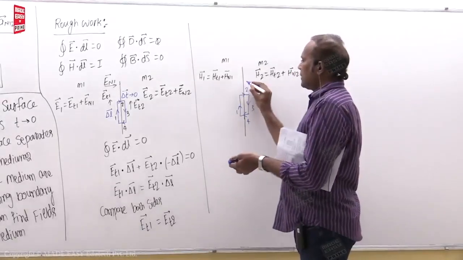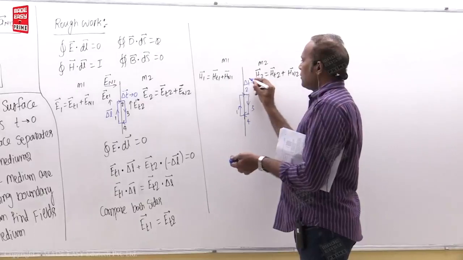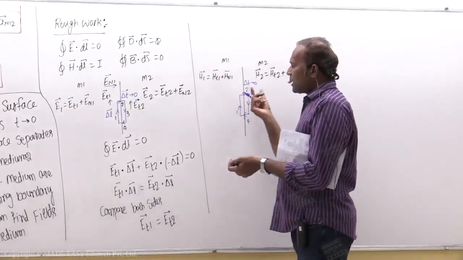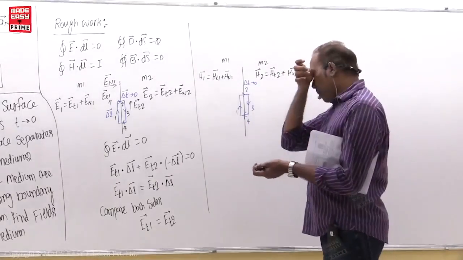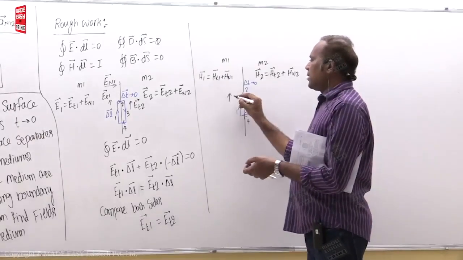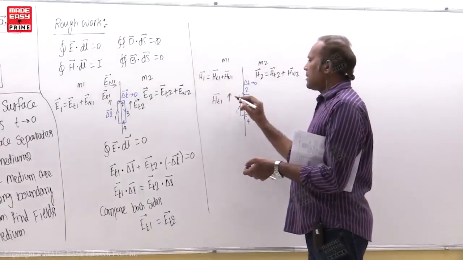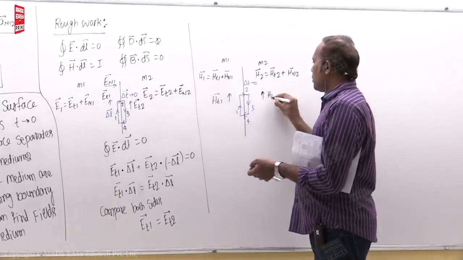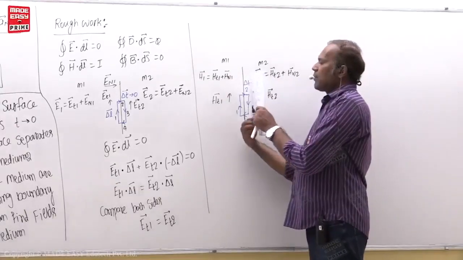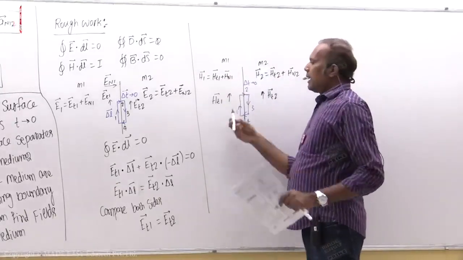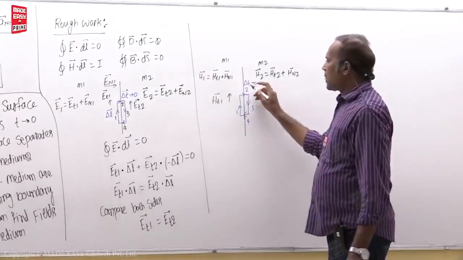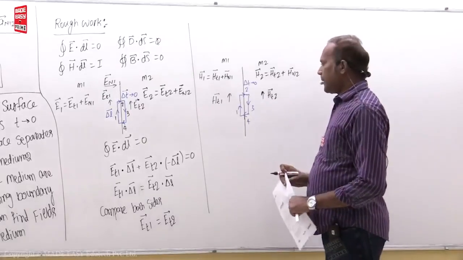The thickness delta t tends to 0, because we are doing the derivation near the boundary. Now in this direction Ht1 bar is there, in this direction Ht2 bar is there. That means this Ht1 bar is tangential, or otherwise parallel, to the boundary surface, and Hn1 is normal to it, that means 90 degrees to the boundary surface. No need to take normal components because delta t is becoming 0 here.